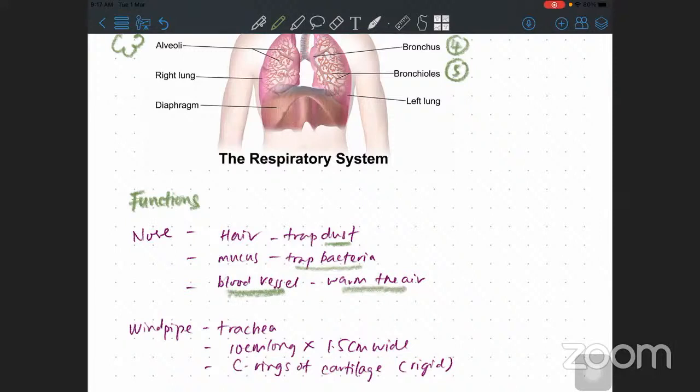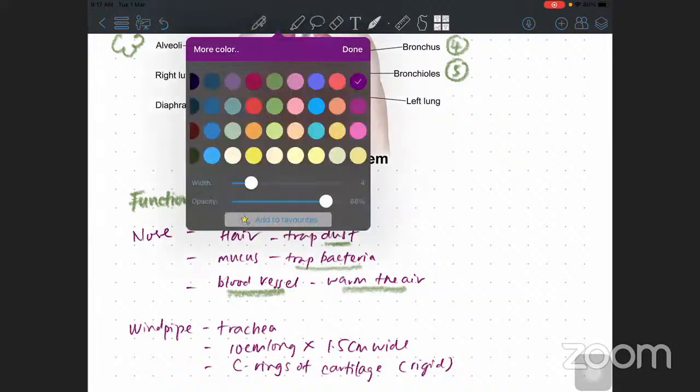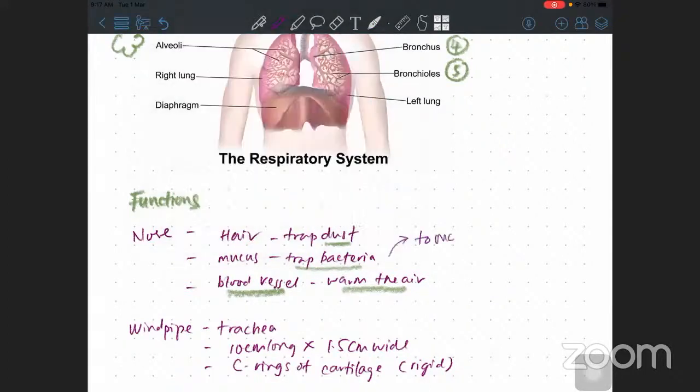These are the 3 main functions of the nose. Besides that, the mucus also has another function, which is to moisten the air, so the air will not be so dry.